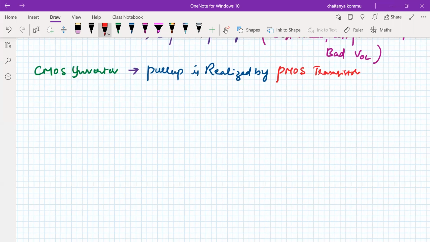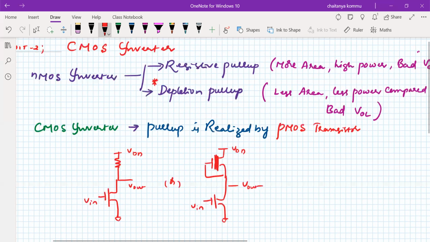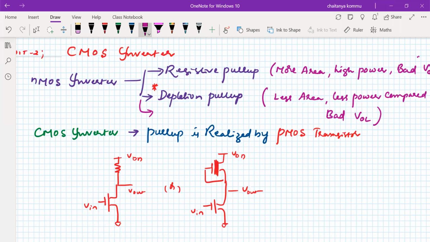Whether it is a resistive load, with Vin, Vout, VDD, or a depletion mode type of transistor with VDD, or some other pull-up, enhancement also we have seen in the previous classes. Agreed?